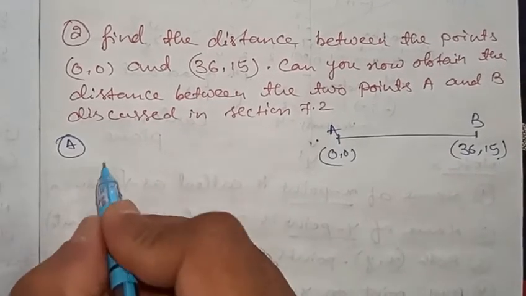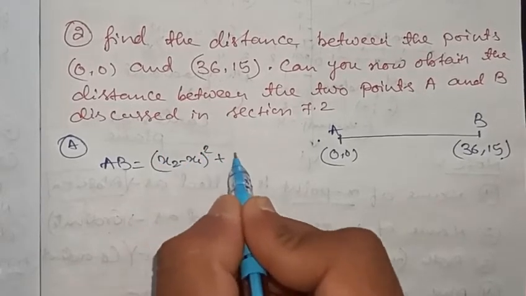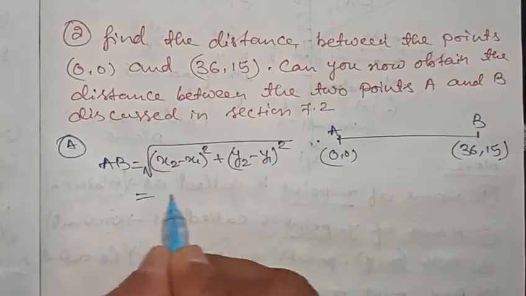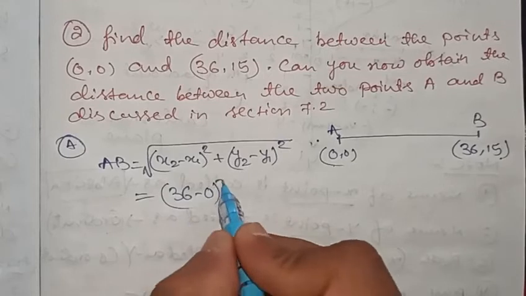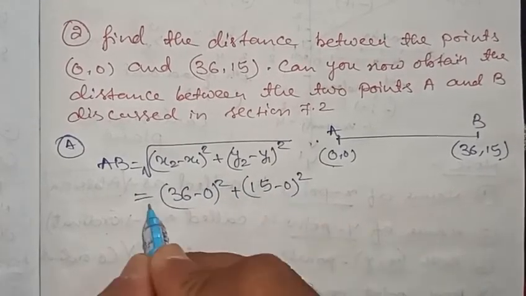So the distance between AB will be the square root of x2 minus x1 whole square plus y2 minus y1 whole square. X2 is 36 minus 0 whole square plus 15 minus 0 whole square.